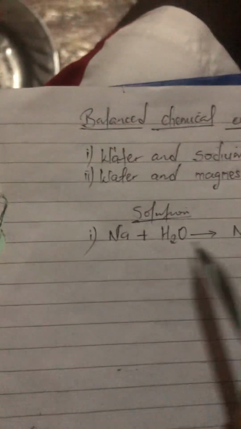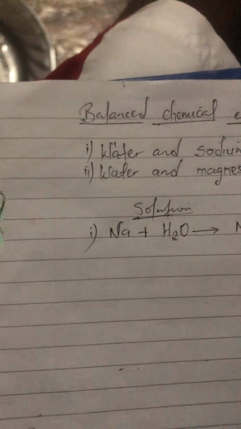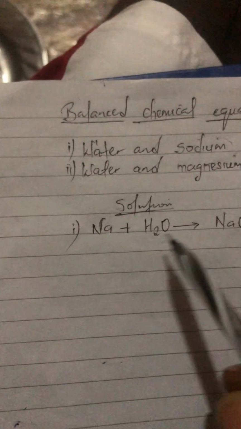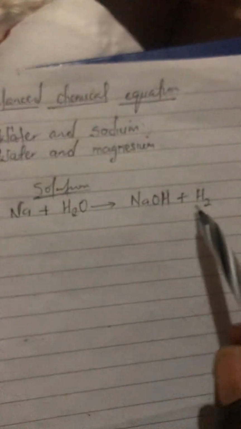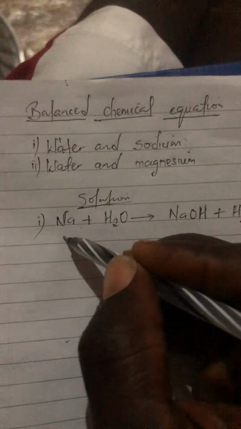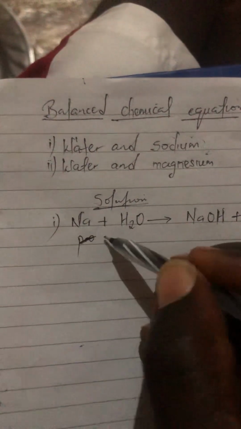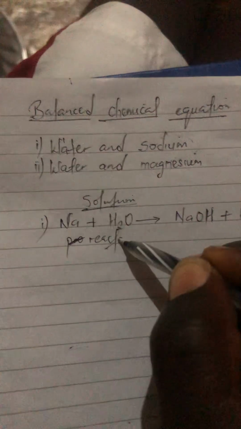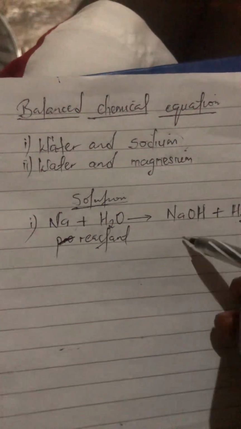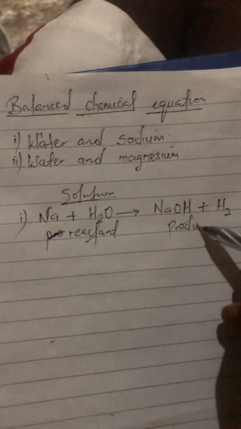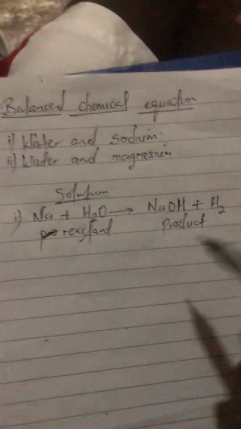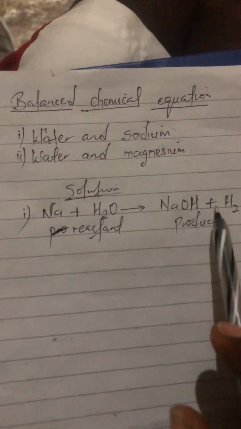Then now, after we are done with writing the equation, we have to look at if they are balanced or not. This is the reactant side, and this is the product side. So we need to know whether the reactant side is equal to the product side.